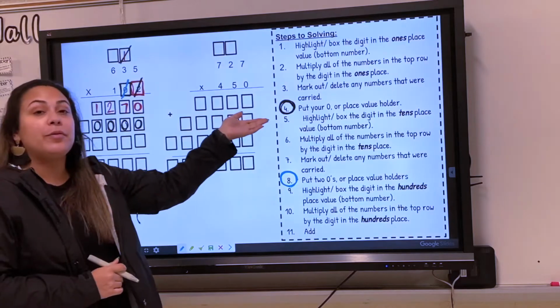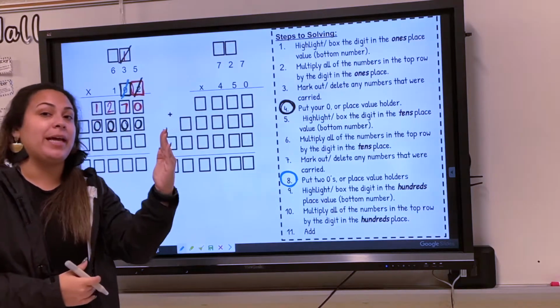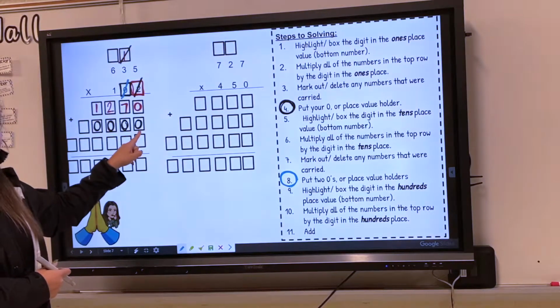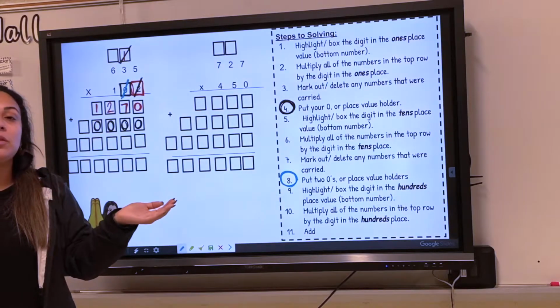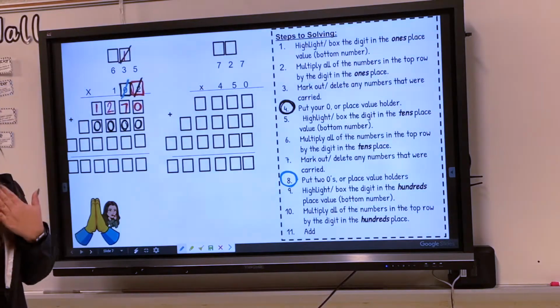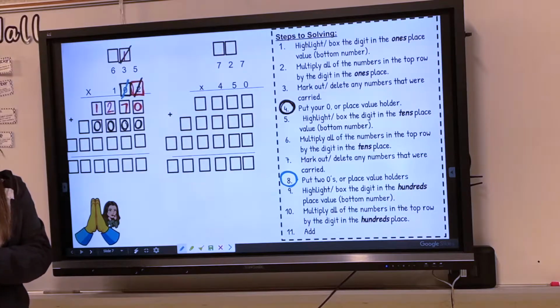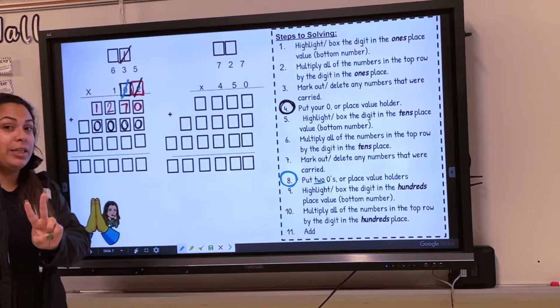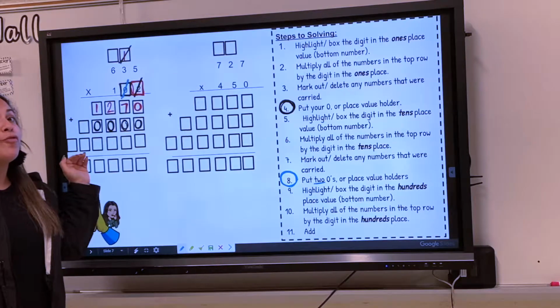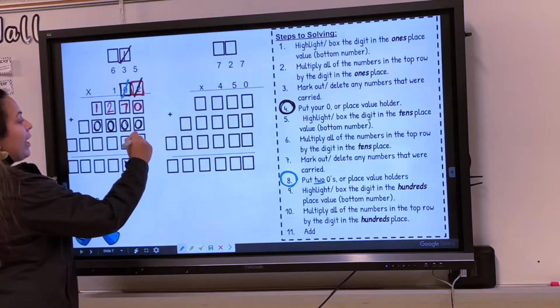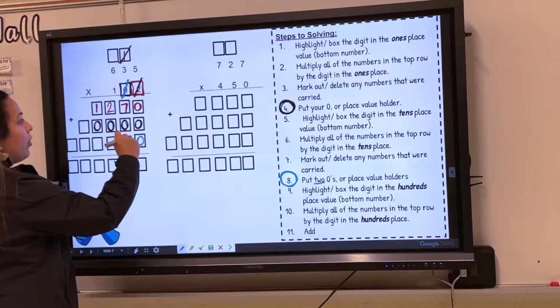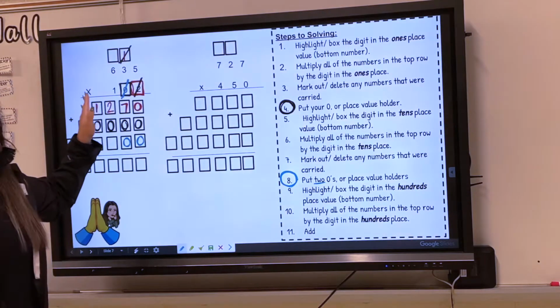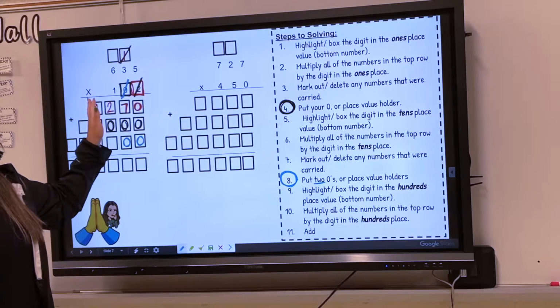You know how on step number 4, when we moved to the tens place, we added 1 zero. But now that we're going to multiply by a number in the hundreds place, I'm not just going to add 1 zero. I'm going to add 2 zeros in this line before I can multiply. Again, we're doing this to show that we have now moved to a number in the hundreds place value.